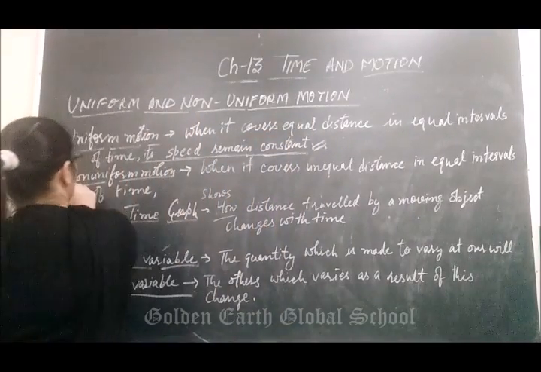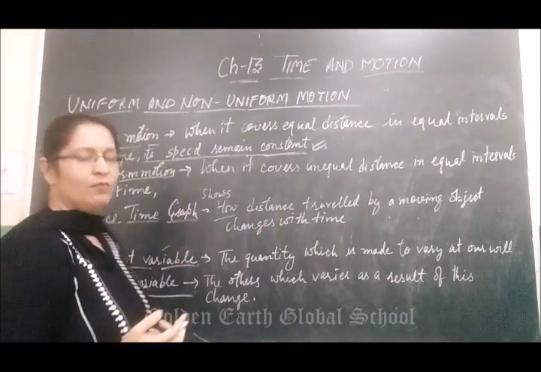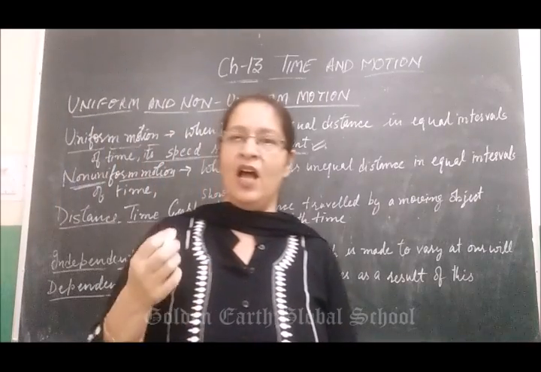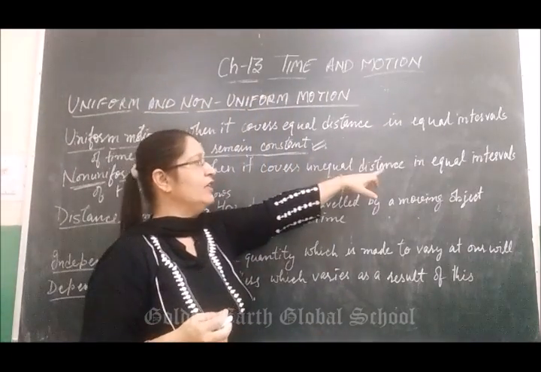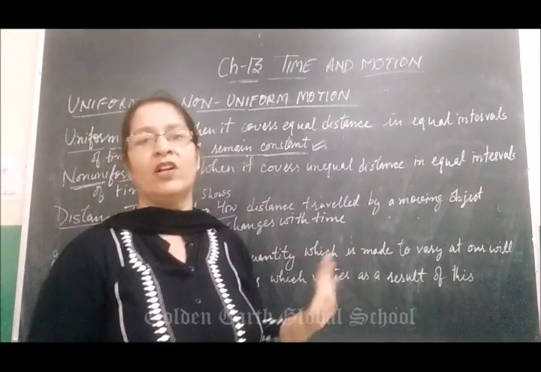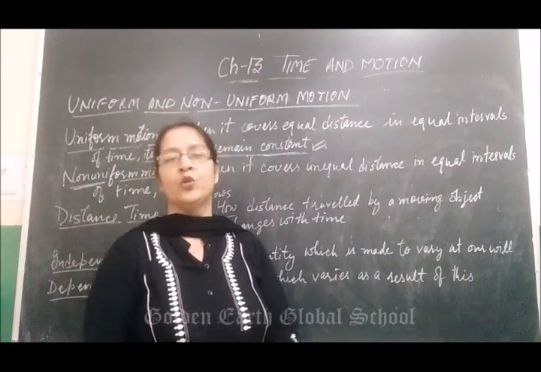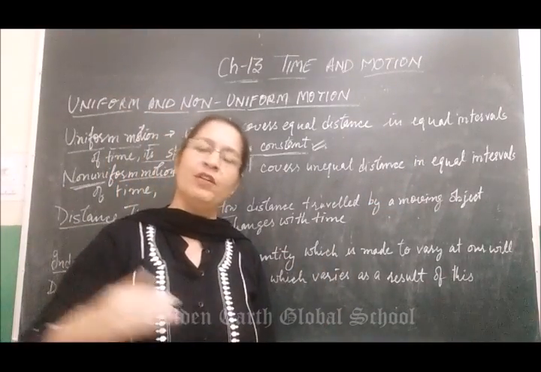So it has uniform motion. Non-uniform motion, as clear from the name, is when it covers unequal distance in equal intervals of time, and its speed is not constant, it is varying.